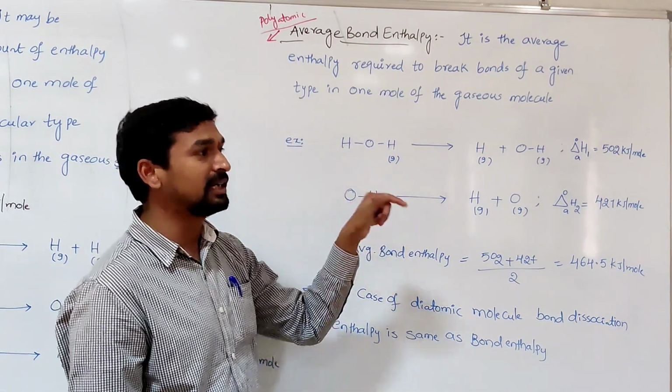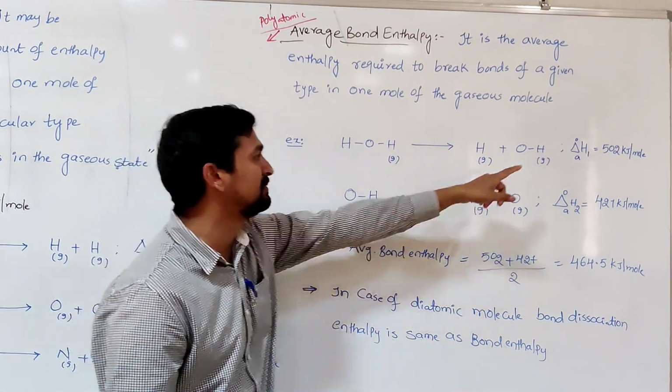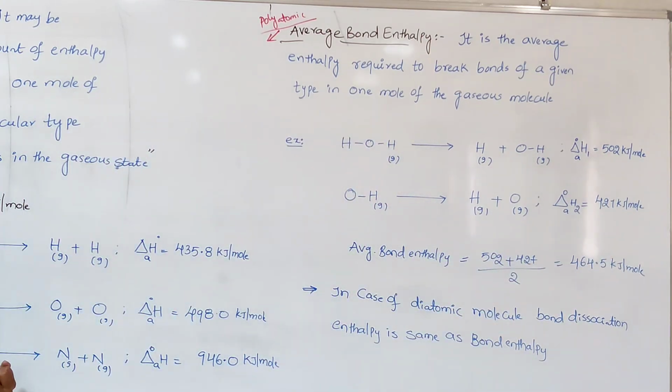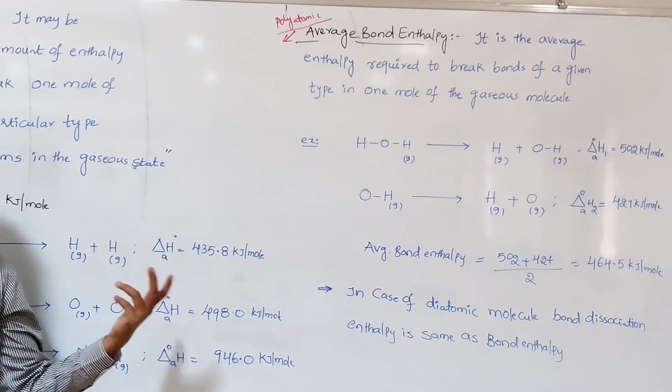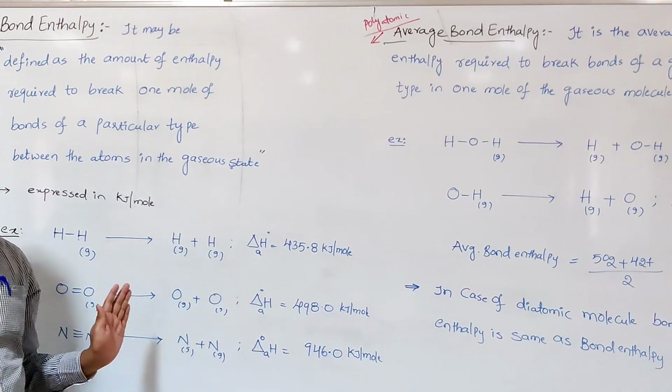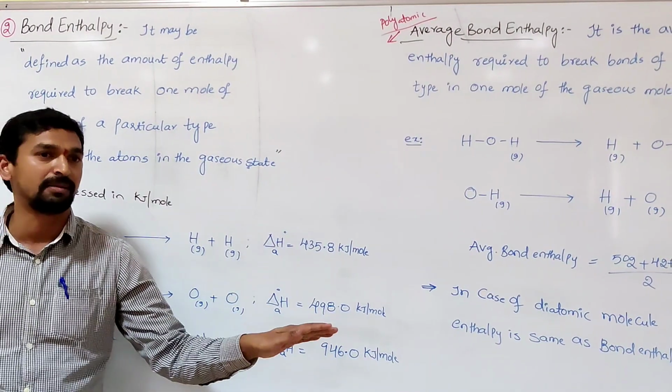Then what is the bond enthalpy of OH? We can take it as an average. But do we need to take such an average here? No, because the bond dissociation enthalpy remains the same as the bond enthalpy. So that's the difference between diatomic and polyatomic molecules.